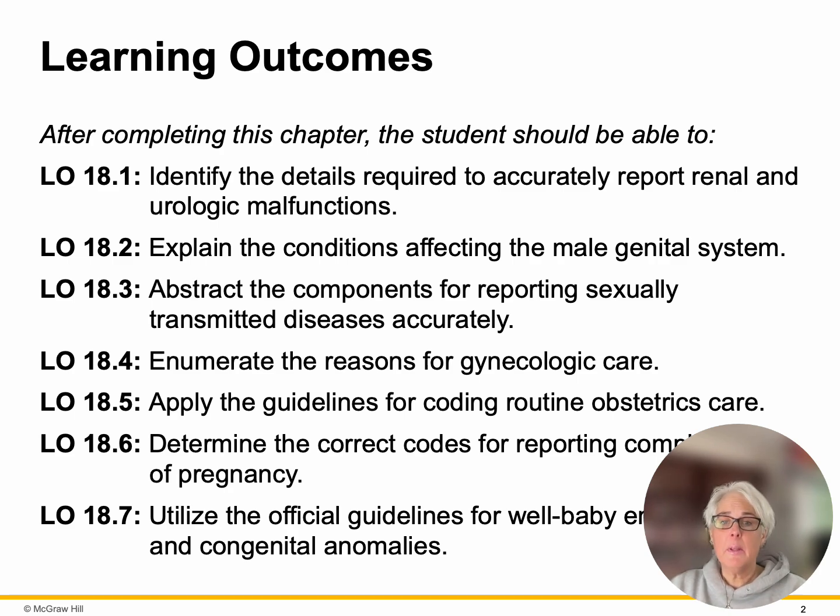You should also be comfortable with coding gynecological visits, routine pregnancy supervision, complicated pregnancies, newborn, and congenital cases. I want you to listen for the details that link directly back to these learning outcomes, because they're the same details I'll expect you to use on your exams and on the homework.